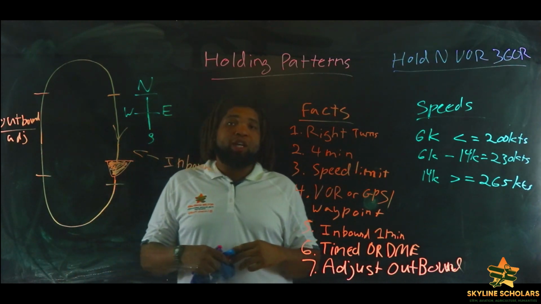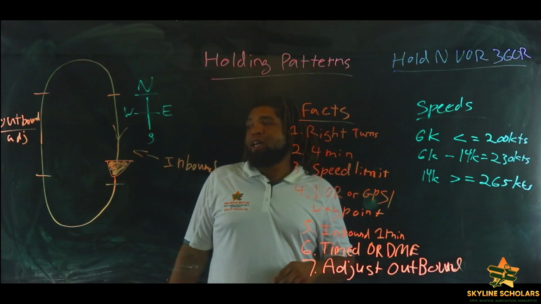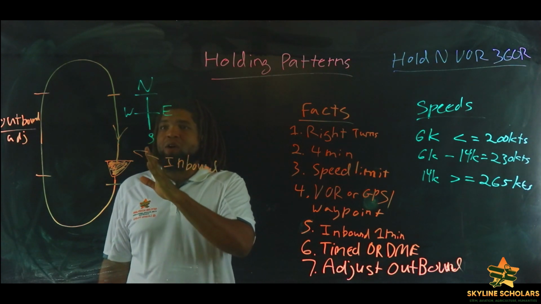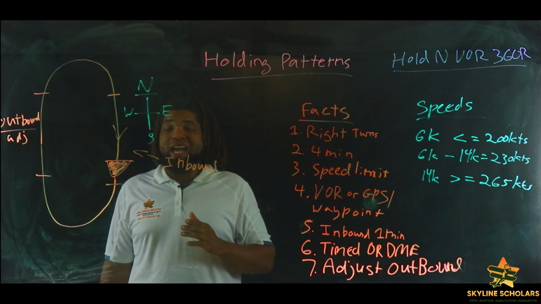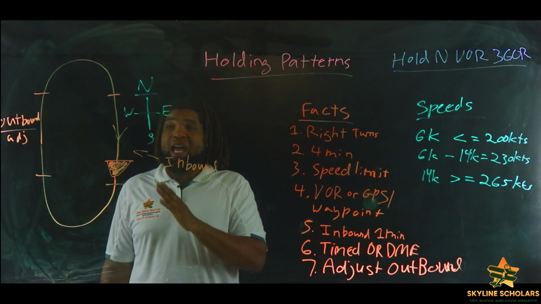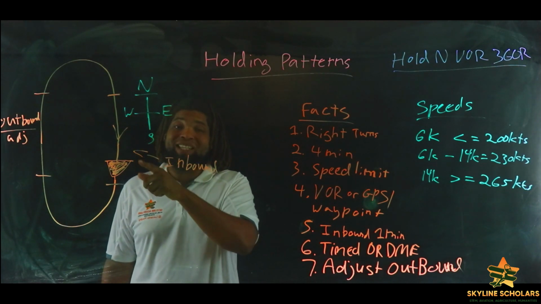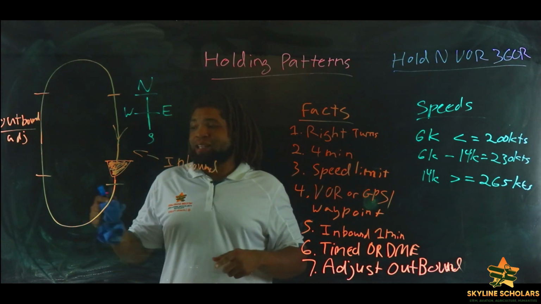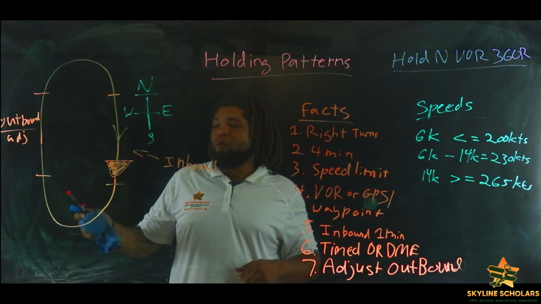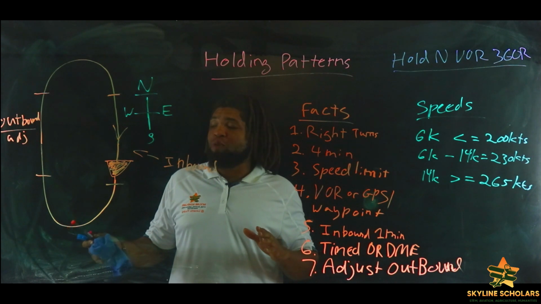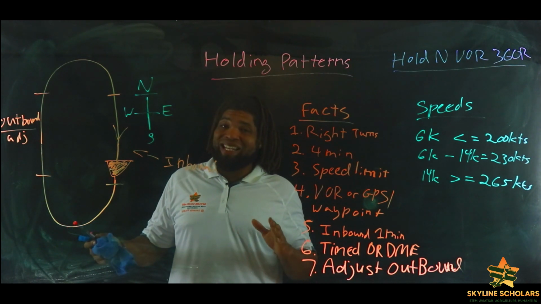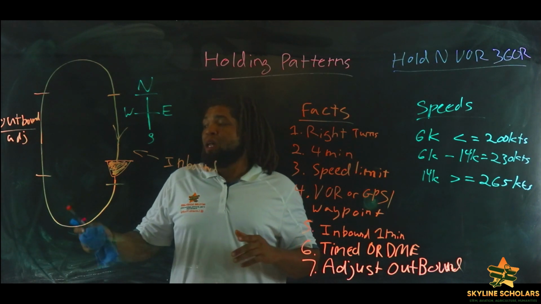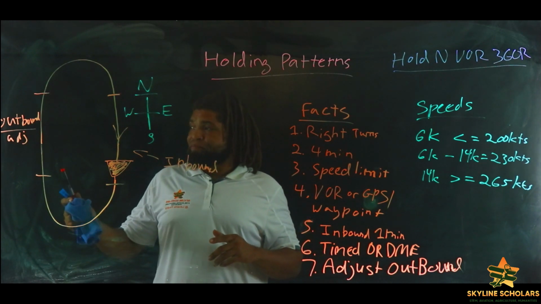So the reason why we adjust our outbound leg is because say you have a headwind on your inbound, a 6-knot headwind, that's going to slow your time down. So let's say it takes you 1 minute and 20 seconds to make this leg. So in order to, next time you go around, you do your 180, which again, this is all done at a standard rate, instrument flying, all done at a standard rate. So 180 takes 1 minute because a 360 takes 2 minutes, right? So a 180 takes 1 minute.